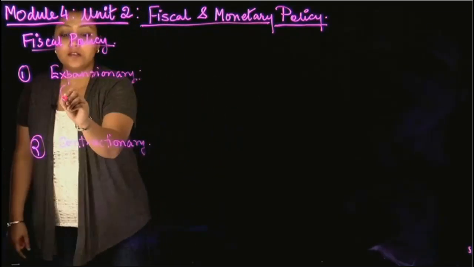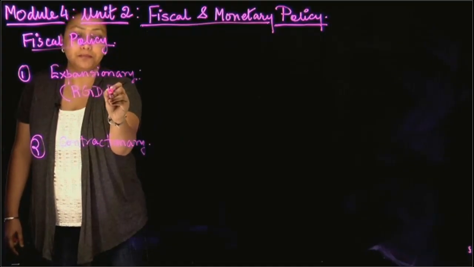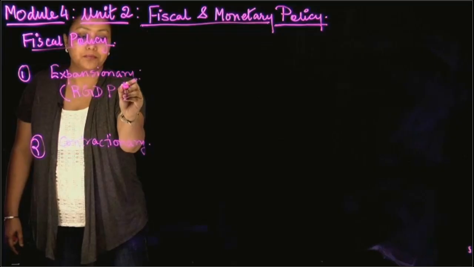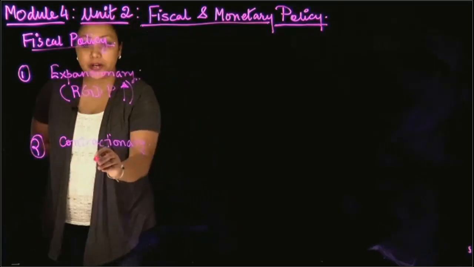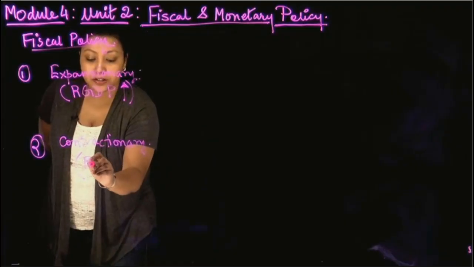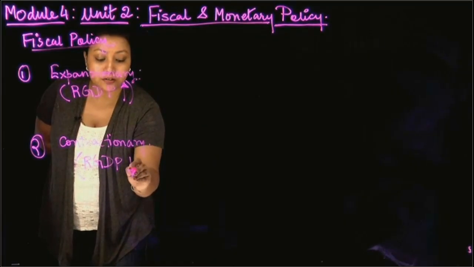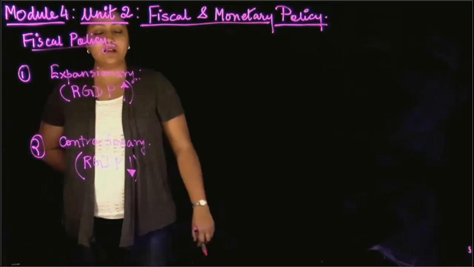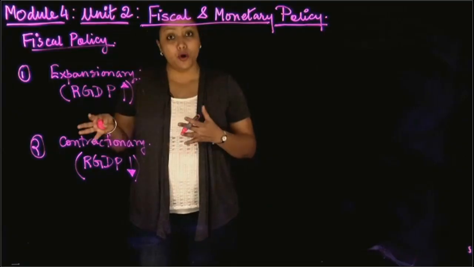Whenever the fiscal policy leads to an increase in real GDP, it is called an expansionary fiscal policy, and whenever it leads to a decrease in real GDP, it's called a contractionary fiscal policy.